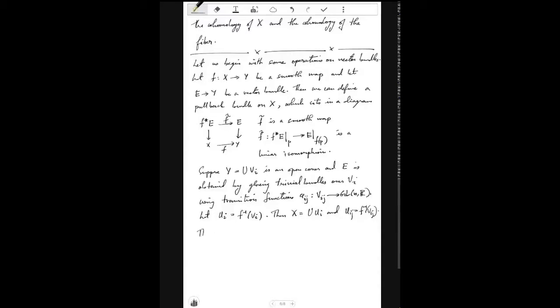Thus we have maps phi ij composed with f from Uij to Vij to GL n R. It is trivial to check that these satisfy the cocycle condition.